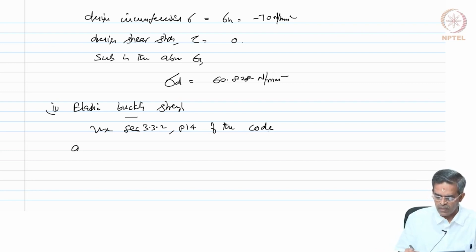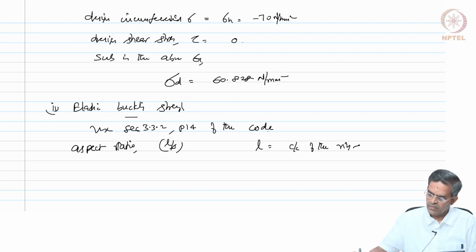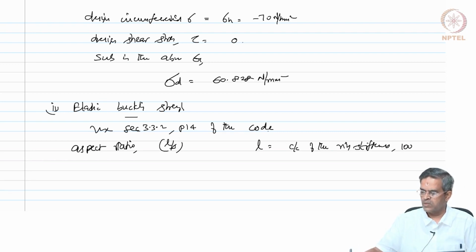Let us talk about the aspect ratio L by S, where L is the spacing of the ring stiffeners, which in this case is 1000 mm.